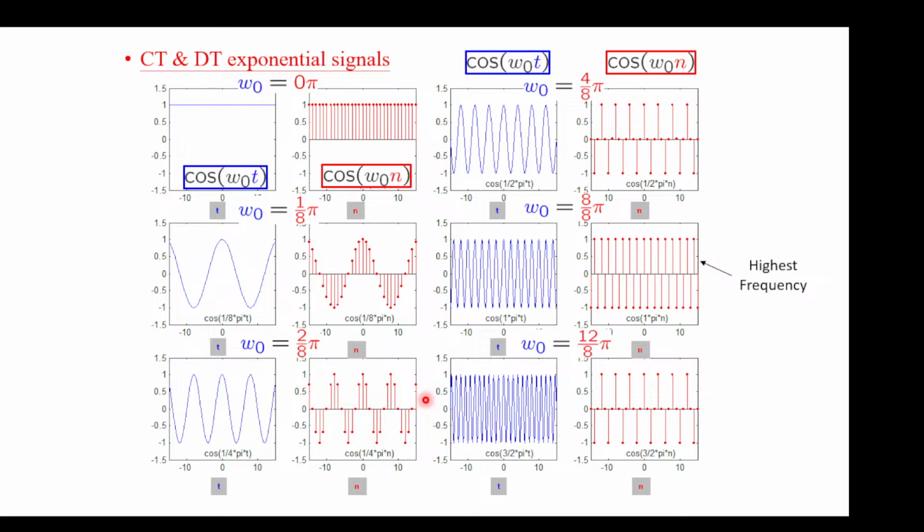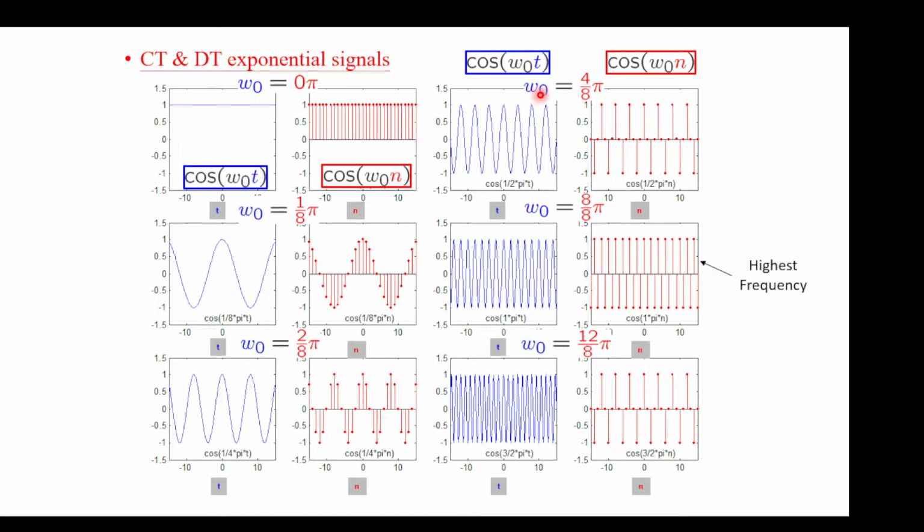And the period is going to be smaller, right? So the period is going to be this. I think it's 4, right? No, sorry, the period is 8. But anyway, you see that this is oscillating faster.